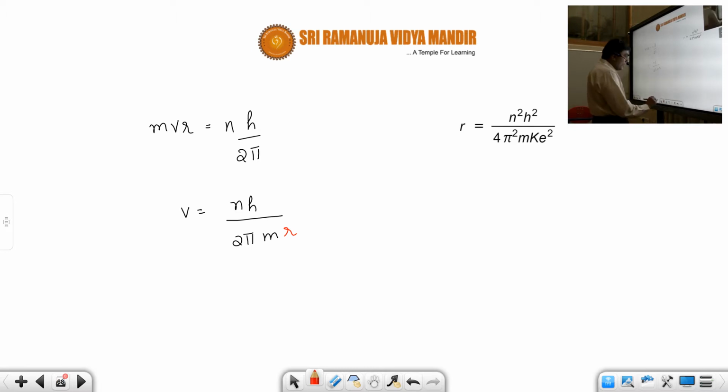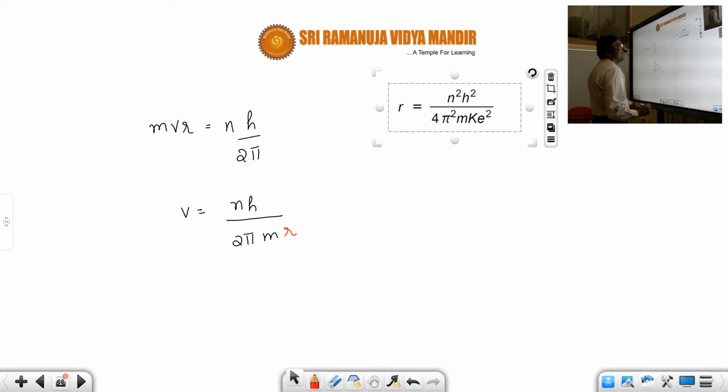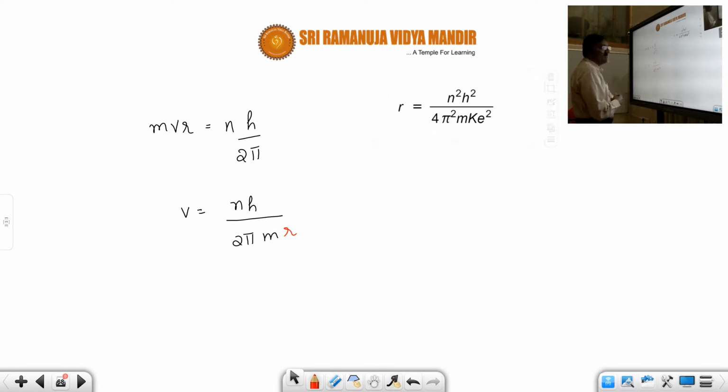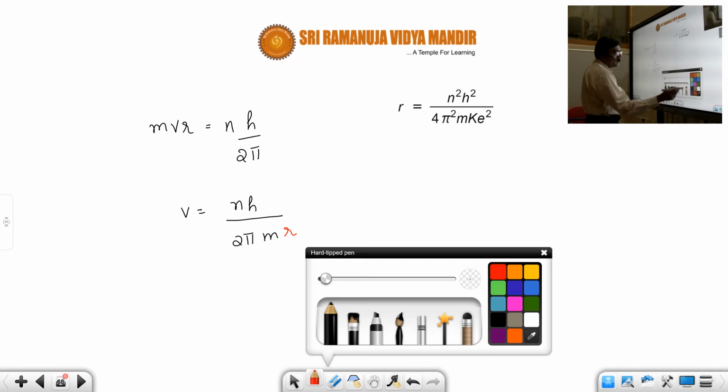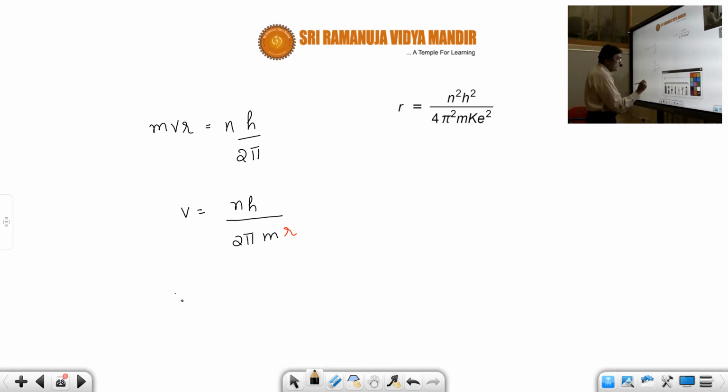And you know the radius of the orbit here. What is the radius r? r is equal to n square h square by 4 pi square m k e square. Now this r value you can substitute here in the equation. So we'll substitute: v is equal to nh by 2 pi m into r.